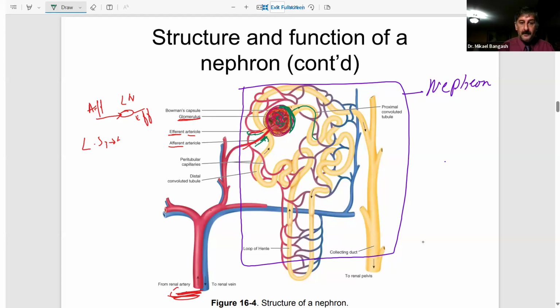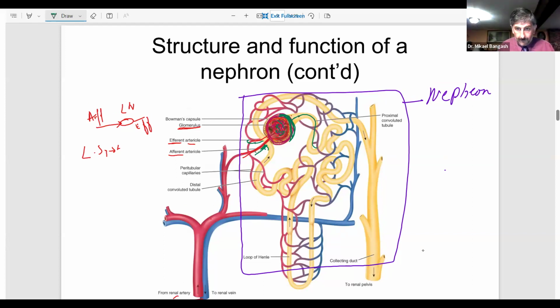So right after Bowman's capsule, or if we just look at it in this way, guys, we can say glomerulus, and we can say Bowman's capsule.